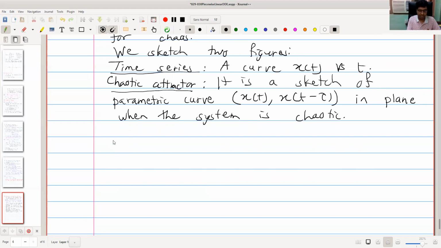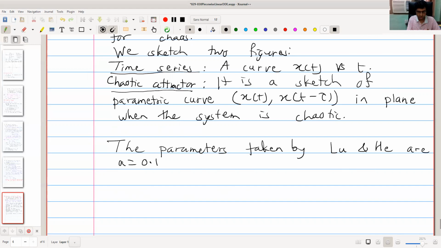The parameters taken by these researchers, Lu and He, are A equal to 0.16 and B equal to 0.2.